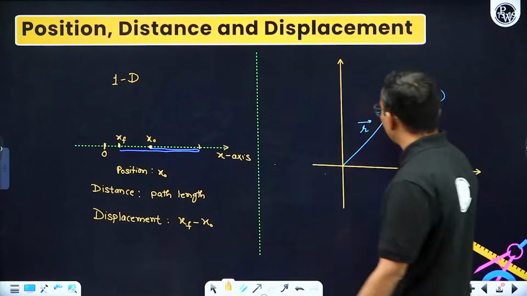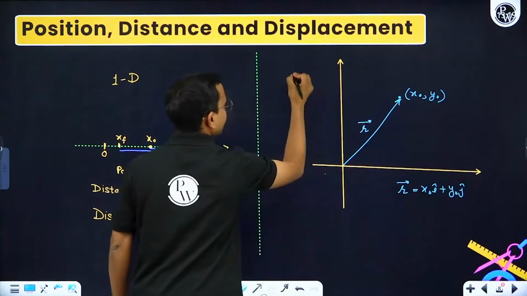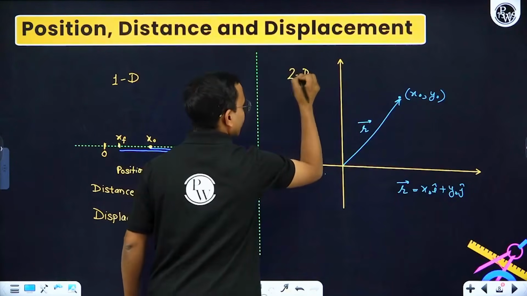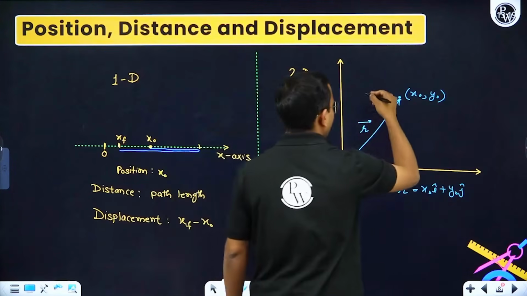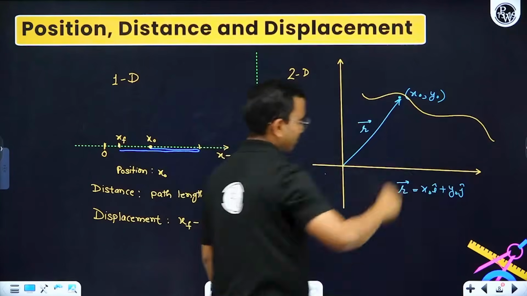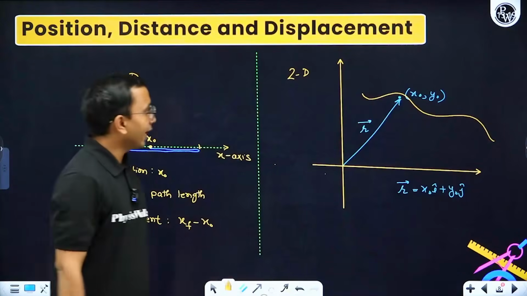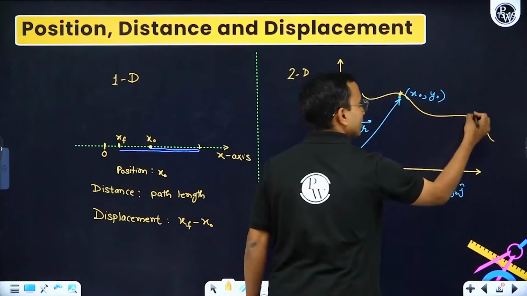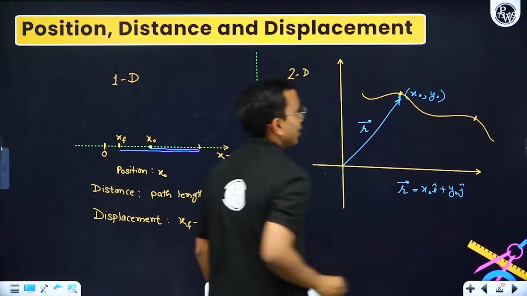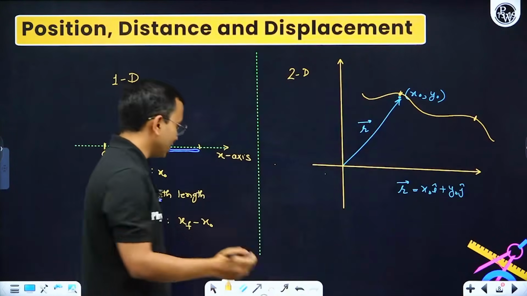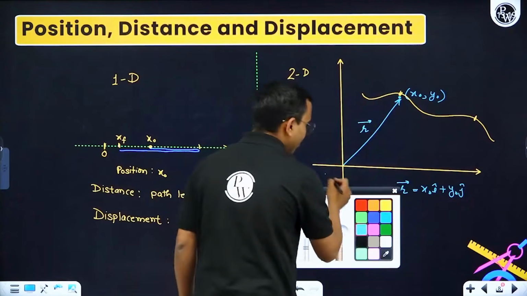Same thing if I talk for 2D. Let us take my particle is moving in some way like this, and it moved from this point till here. And you are asked what is the distance. So distance means I have to find the path length.